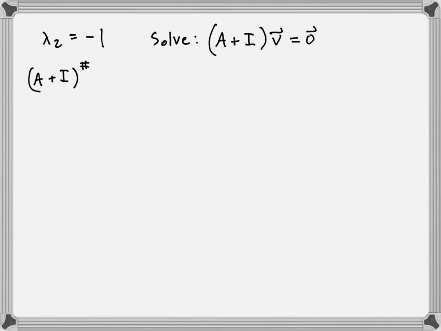Lambda 2 is equal to -1, right? So now we need to solve the following system. Remember, it's A minus lambda I, in this case A plus I, times v is equal to 0. So we are going to deal with A plus the identity augmented.